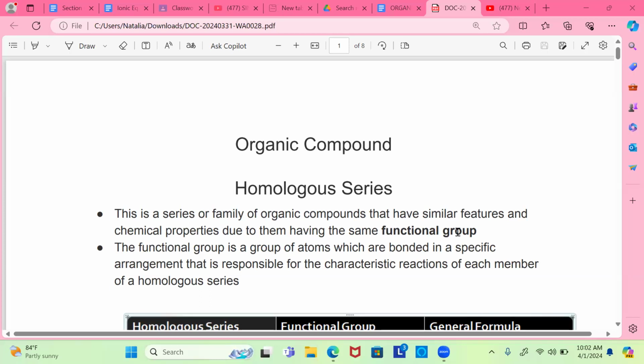That is fine. Now, we're seeing the word functional group for the first time, so we need to be able to define what a functional group is.